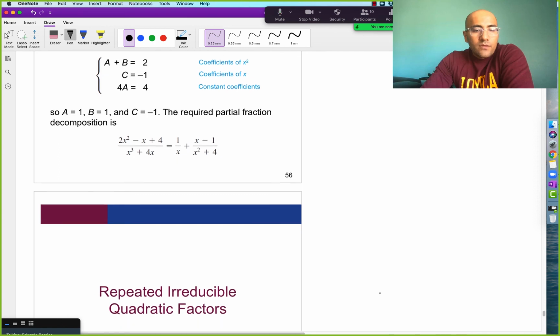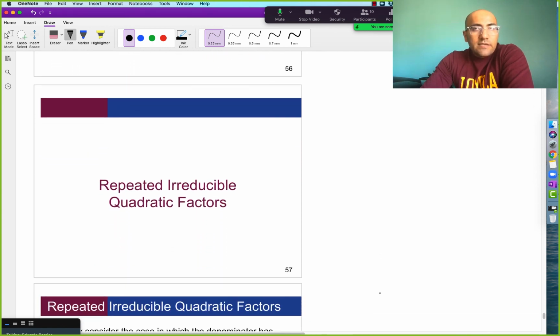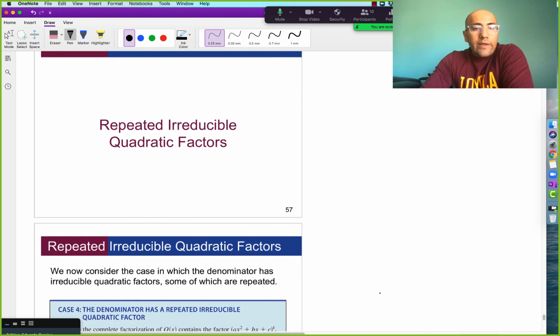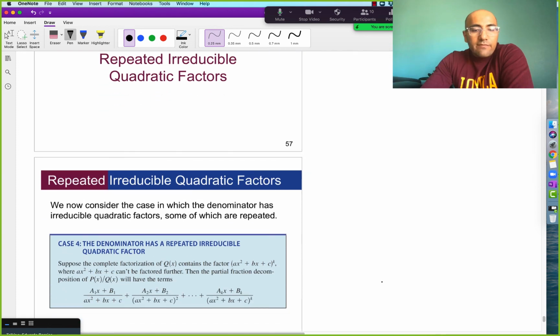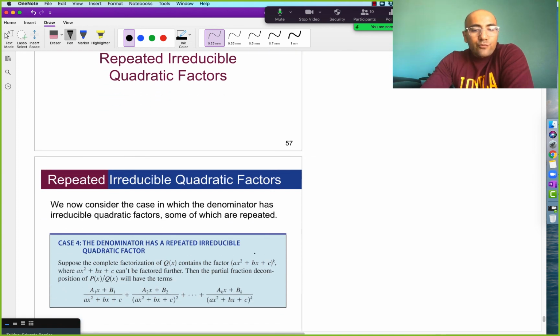The last thing is to consider a combination of these things where we have repeated irreducible quadratic factors. So we end up with quadratic factors, and some of them have a power. They don't factor any further. If we have an irreducible quadratic factor to the power of k, just like before when we had a repeated linear factor, we need to include a fraction for every one of those denominators raised to the power of 1, 2, 3, all the way out to the power of k.